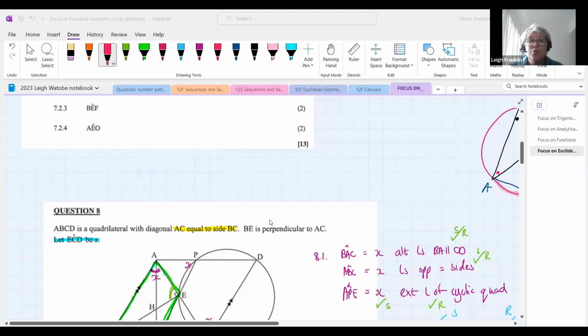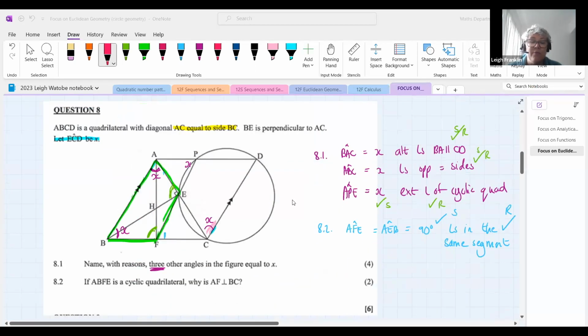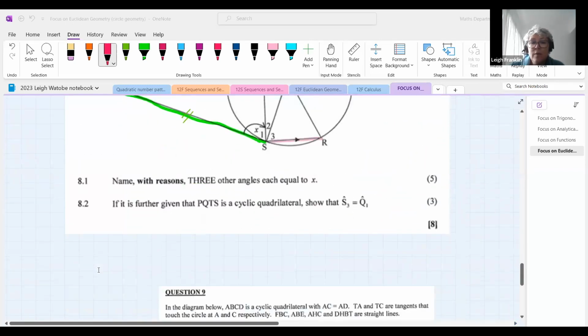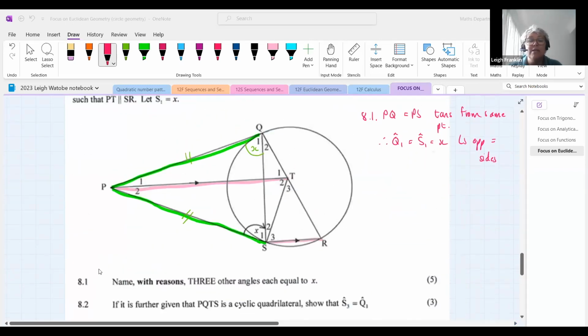Different to this question over here, where we didn't have to prove that PECD was cyclic because it had 4 points on the circle. When we answered question 8.2, they told us ABFE was cyclic before we answered the question. So in this question, we do not know that QTSP is cyclic, so we can't use angles in the same segment unless those 4 points are on a circle.